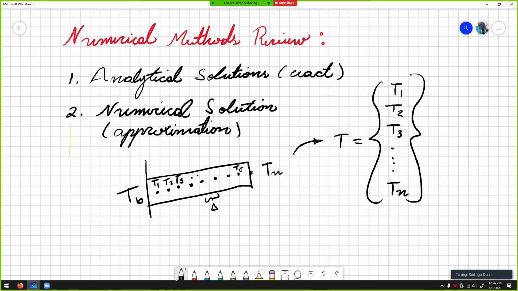So if I solve this problem as a numerical methods problem, at the end I will have the solution for the temperature at each of the nodes. And if these nodes are very close, that means if my delta is sufficiently small, then all of these nodes will be so close together that I can get a smooth graph that tells me how the temperature is changing across the beam, which is exactly what I would like to do as far as numerical methods go.